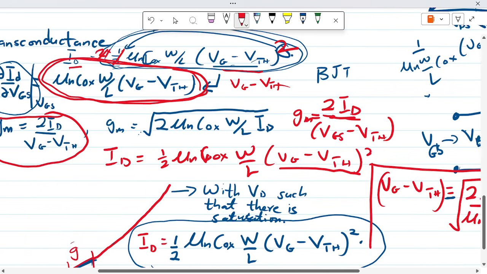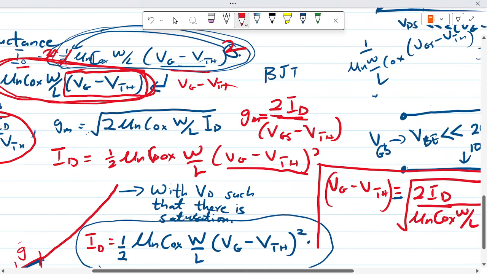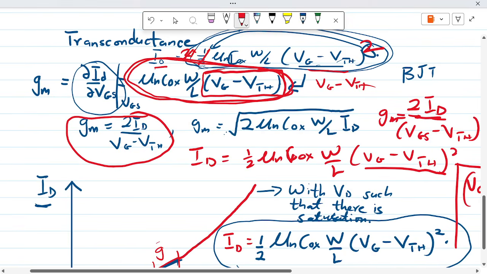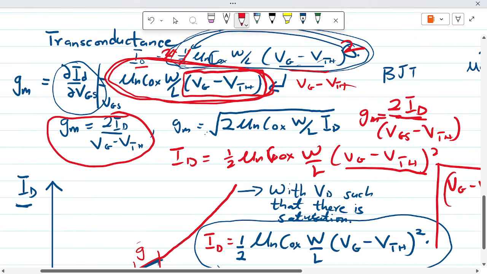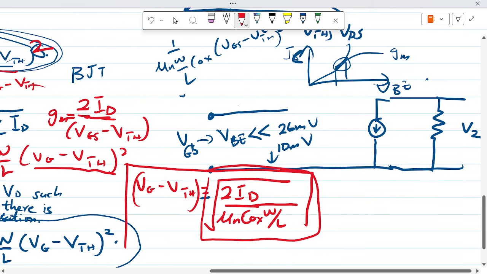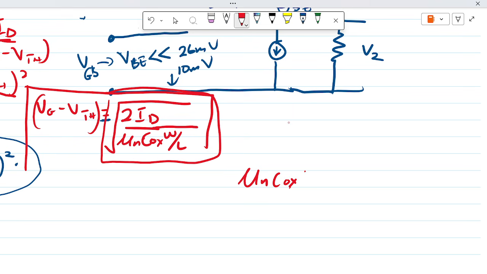So what I want to do next is take the expression for transconductance here and replace VGS minus VTH by what I just derived. So basically I'm going to get mu n Cox W/L times this. Instead of the overdrive voltage, I put this expression for overdrive voltage.